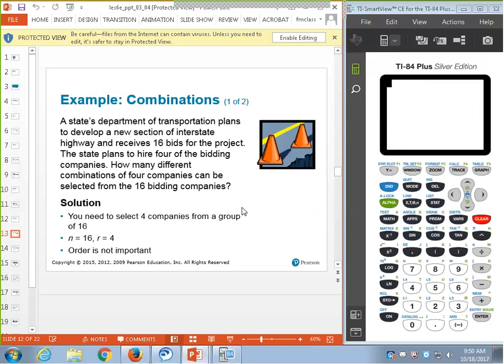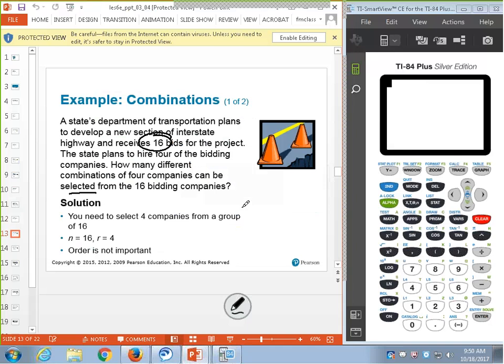Okay, now. A state department of transportation plans to develop a new section of interstate. The highway receives 16 bids for the project. The state plans to hire 4 bidding companies. How many different combinations of 4 companies can be selected?